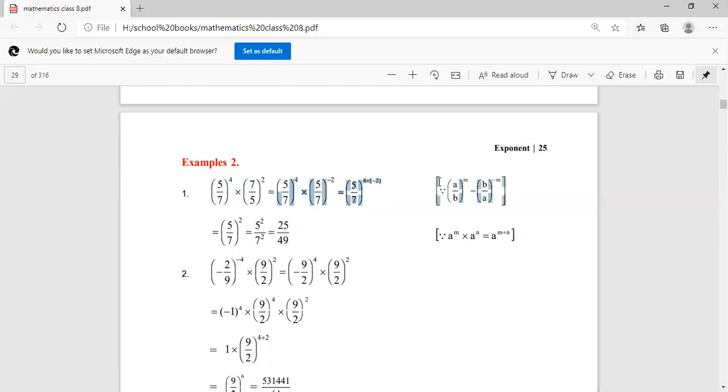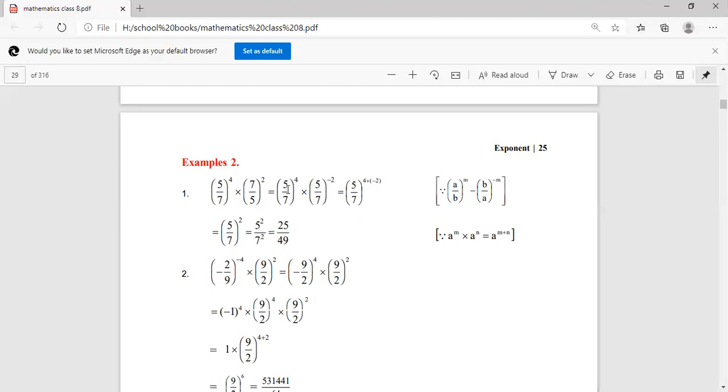This is the formula you can use, which is written on the right hand side, that a by b whole to the power m is equals to b upon a whole to the power minus m. Okay, so using that formula, here it is solved, so the base became the same.